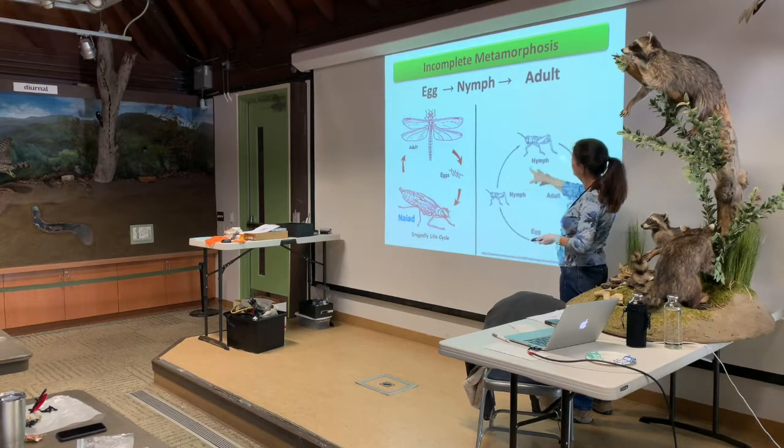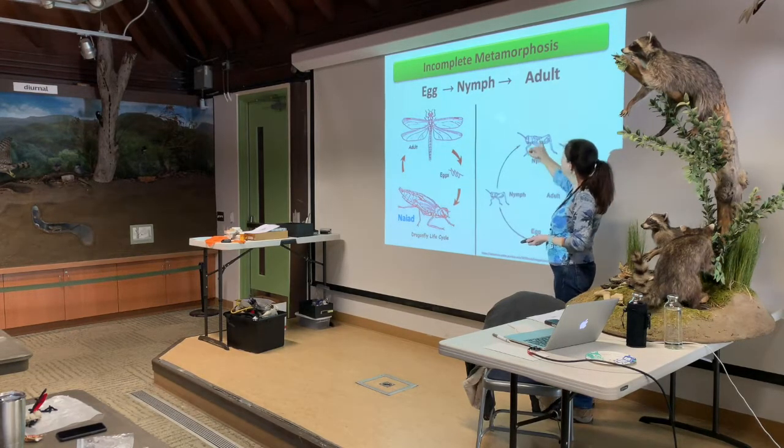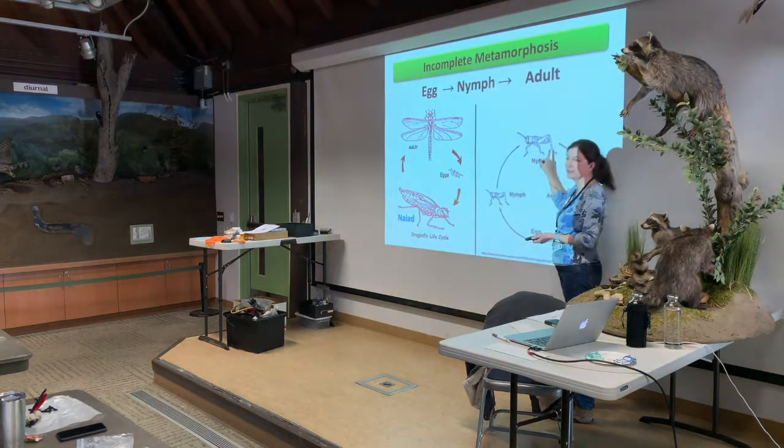And they look just close enough to your adult grasshoppers. One of the big differences, and we'll have a slide on this, is their wings aren't as developed in one of the immature stages.